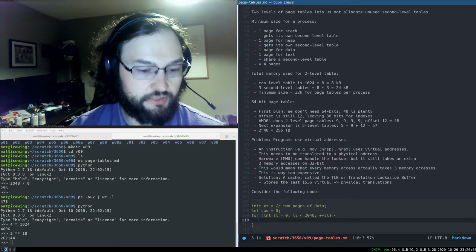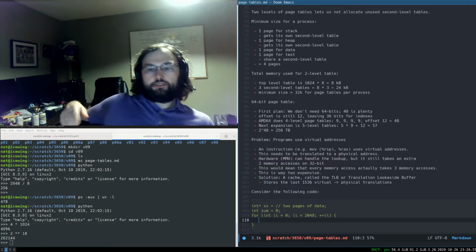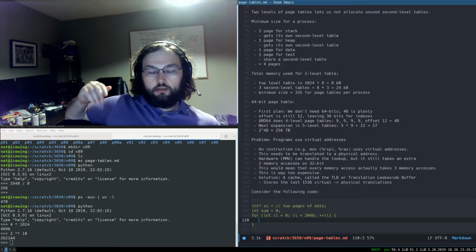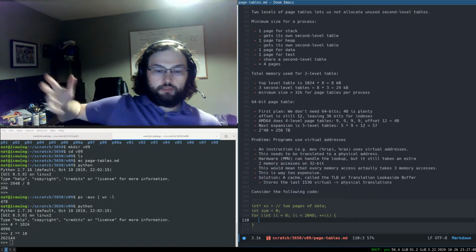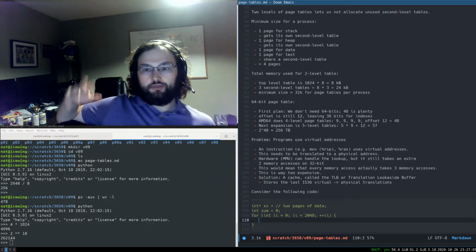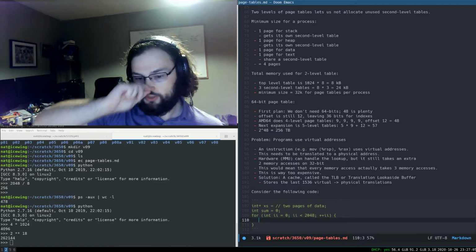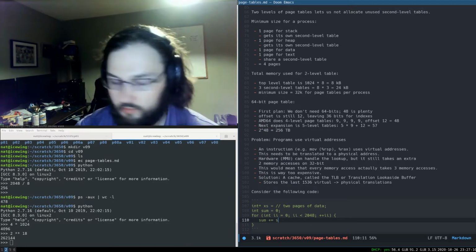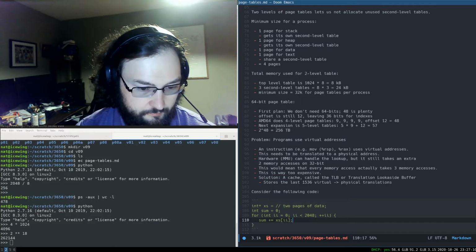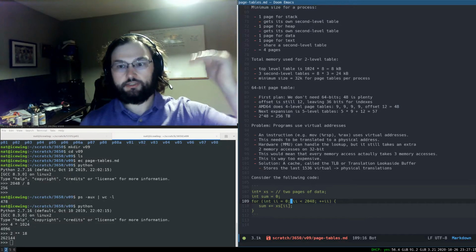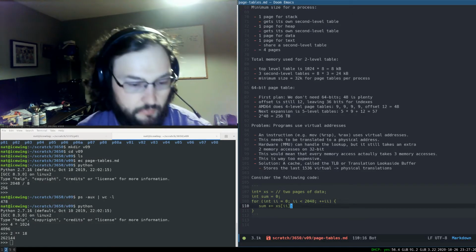So 2 pages of stuff for an array of integers is going to be, size of int is 4. So if we want 2 pages of integers, we need 2048 integers. Every int is 4. So 1024 ints is a page, 2048 ints is 2 pages. So if we go through this loop, we're going to be accessing these 2 pages of integers sequentially.